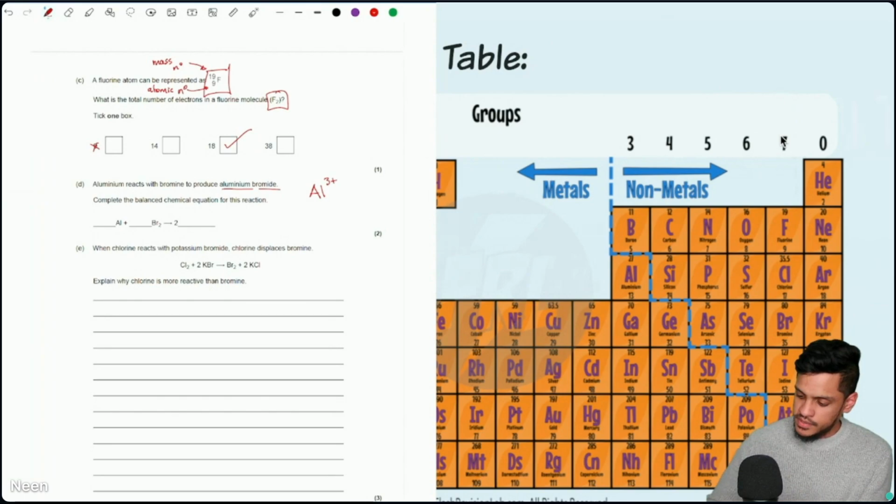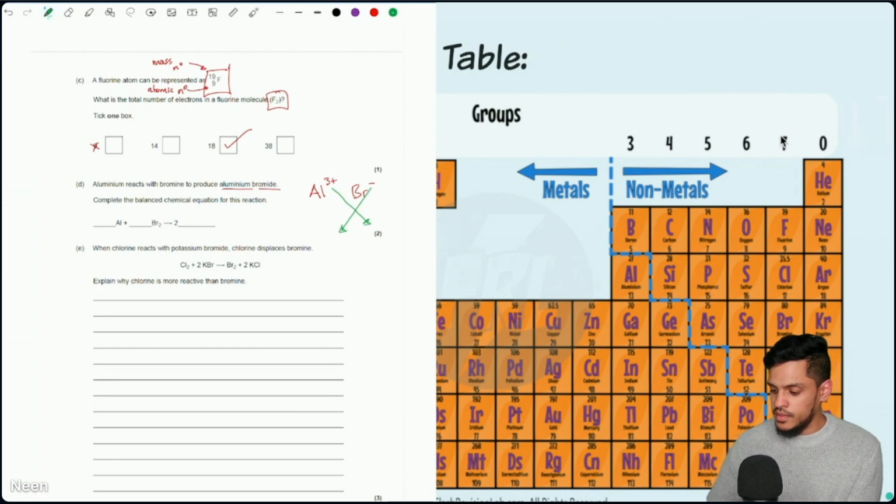Group 7 means it has a charge of -1. To work out the formula for aluminium bromide, you swap these two numbers around. So the 1 comes to the Al, the 3 goes to the Br, and you end up with AlBr3. The swap and drop method. So know how to do that just for working out the formula of compounds.